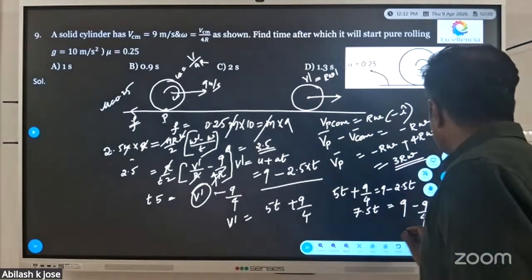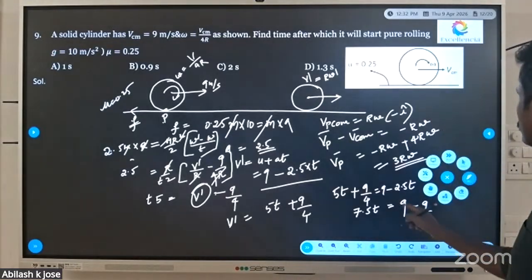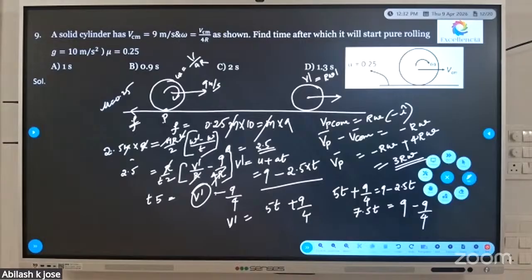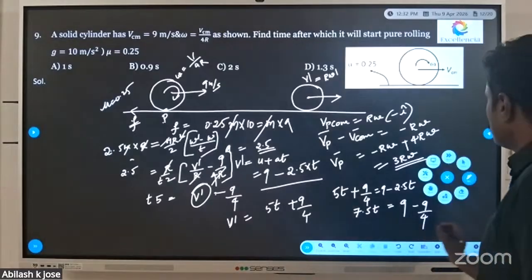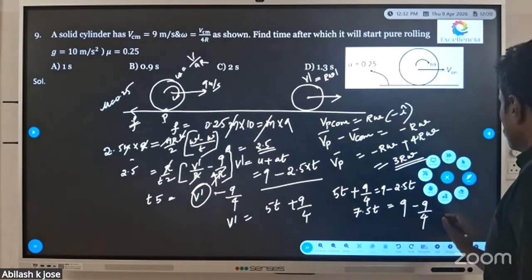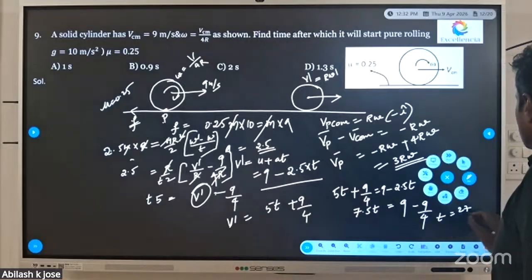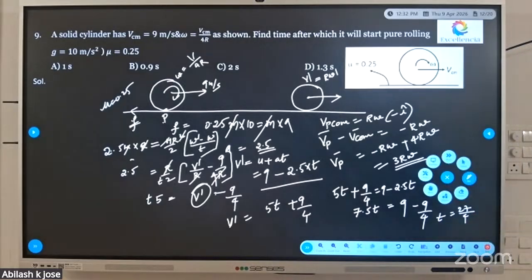So calculate this, it will become 27 by 4, and t will be equal to 27 by 4 divided by 7.5. That is going to be 0.9.